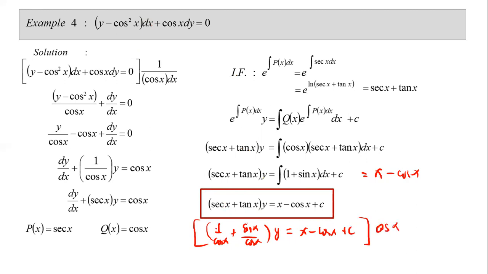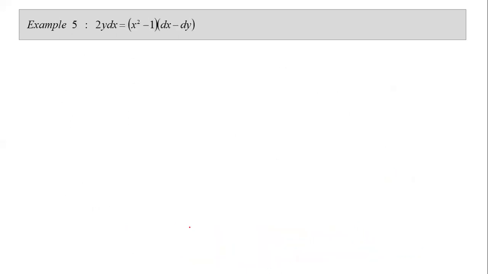So you shall have 1 over cosine of x times cosine of x is simply 1, plus sine x over cosine of x times cosine of x is simply sine x, and then y equals x cosine of x minus cosine of x times cosine of x, cosine squared x, plus c times cosine of x. And this is also a general equation equal to this secant x plus tangent x times y equals x minus cosine of x plus c.